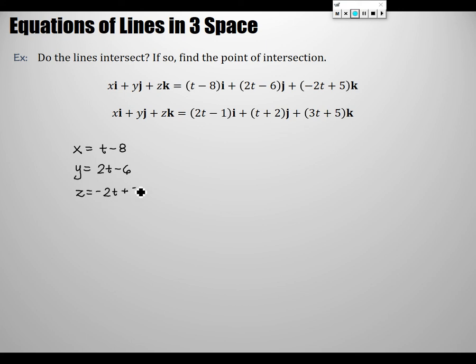There's the first line, written in a way that you might like better. The second line I'm going to propose, though, because of the whole thing I just said about the fly, that is, we don't demand that the t value for both lines be the same at this point of the intersection. I'm actually going to change the parameter in the second line to be a different letter, just so we don't get confused. There's 2 different t's here. So let's just name it something else. How about s?